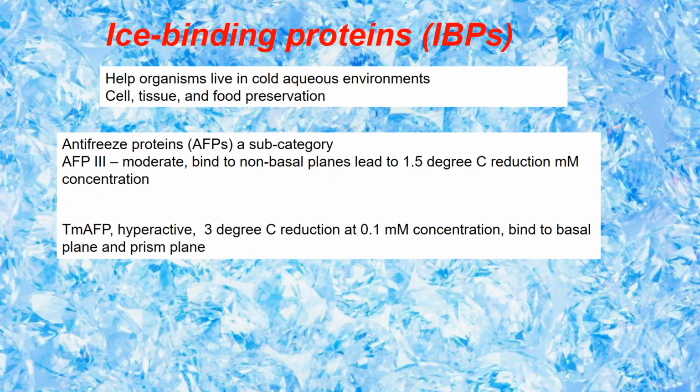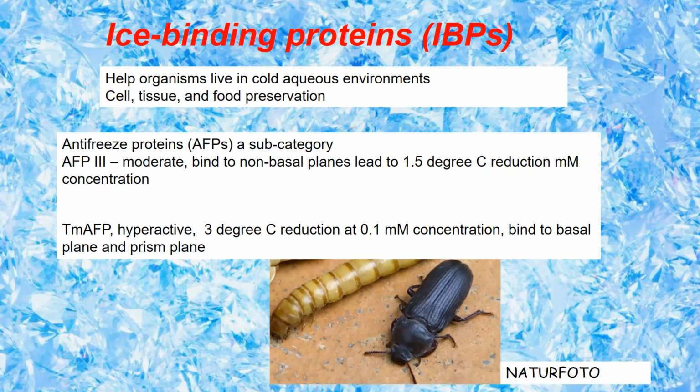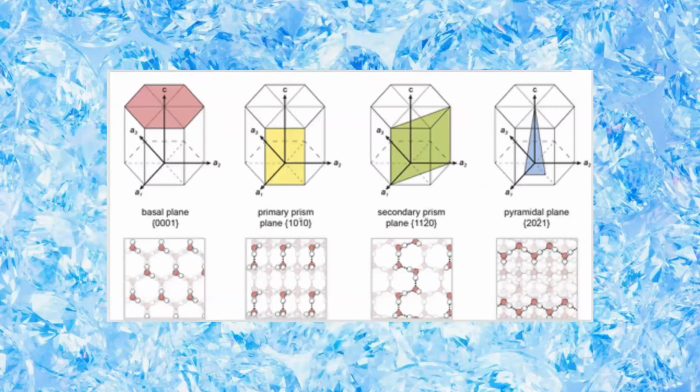The other species that we studied comes from this freeze-resistant mealworm, and it's called a hyperactive antifreeze protein. It leads to an even larger reduction in freezing point at 1/10 of that concentration. And just to put things in perspective, the colligative freezing point lowering, which we would observe just from what we learned in first-year thermodynamics, is about 3 orders of magnitude lower than this. So this is quite a significant effect.